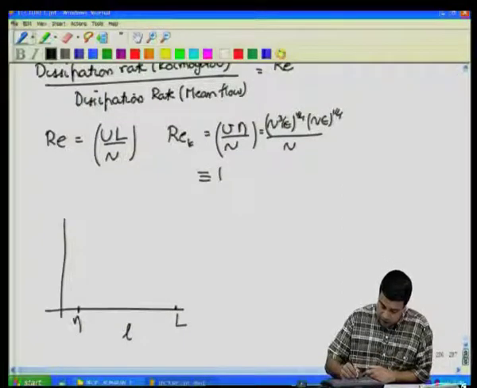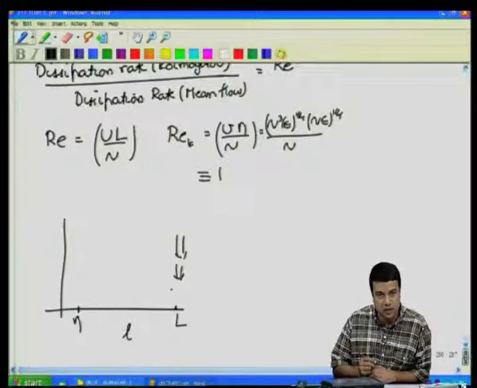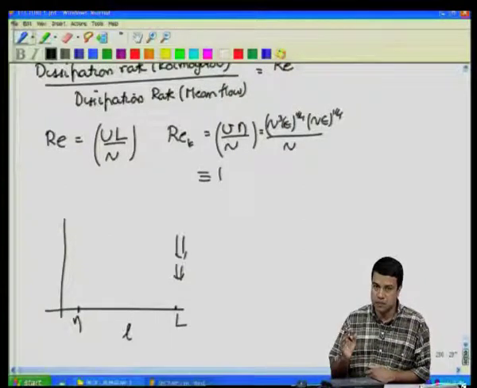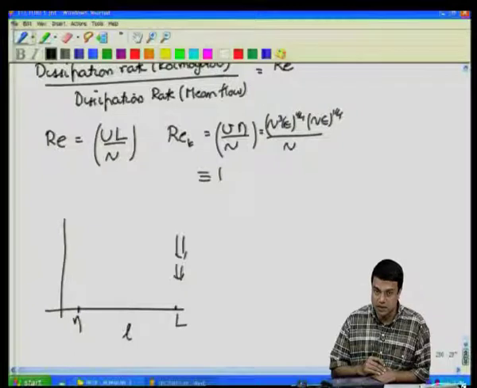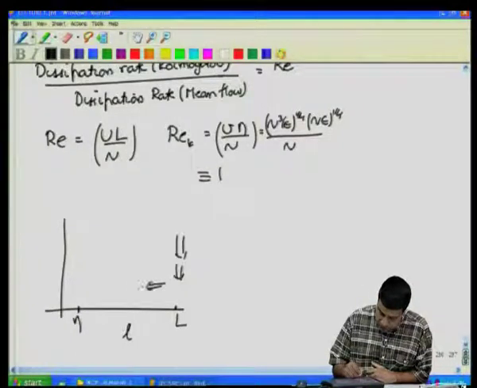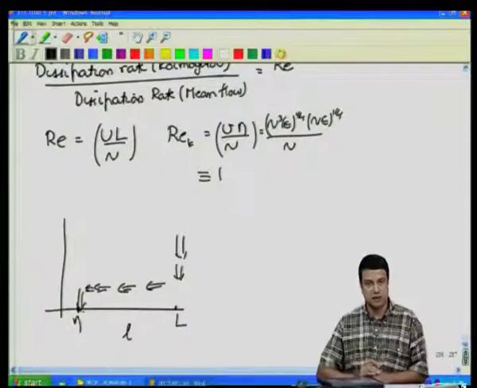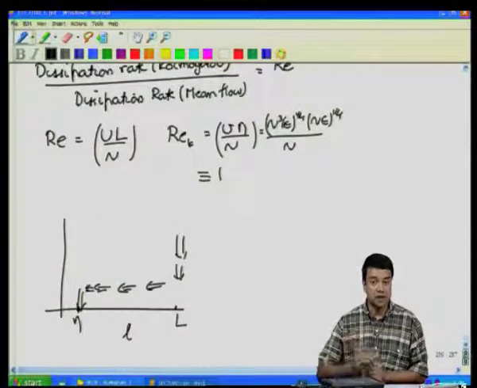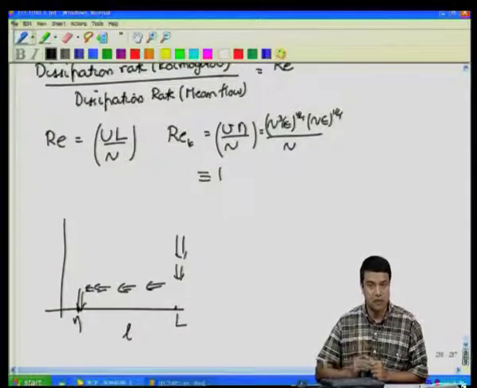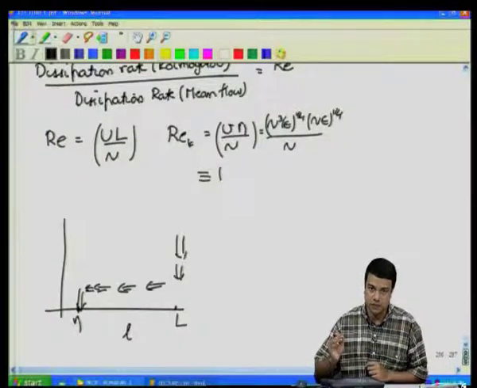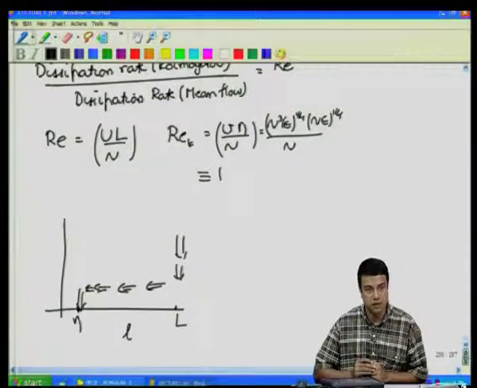Energy is coming in, being transferred from the mean flow to the fluctuations at this large scale L, as was shown by my mean kinetic energy equation, and that gets transferred to smaller and smaller scales, until it is dissipated at this smallest Kolmogorov scale, at the scale where the Reynolds number becomes order 1, and therefore, there is a balance between the inertial and the viscous terms in the momentum conservation equation.